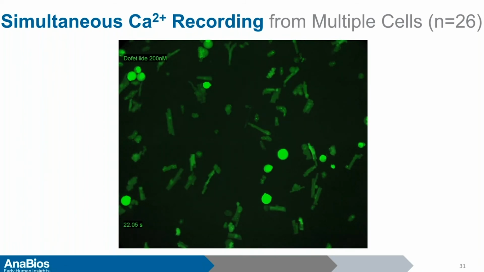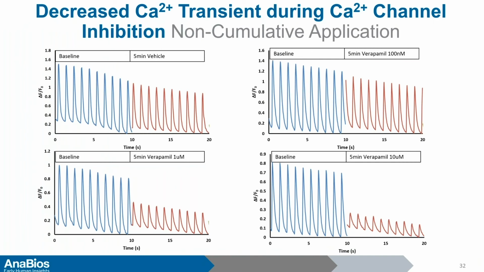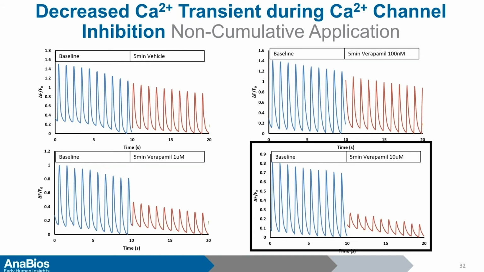Then we wanted to confirm the ability of our calcium model to pick up a decrease in the calcium signal when we test a negative inotropic compound. Here you can see that we tested Verapamil at multiple concentrations, and we see that Verapamil decreased the calcium signal in a concentration-dependent manner.